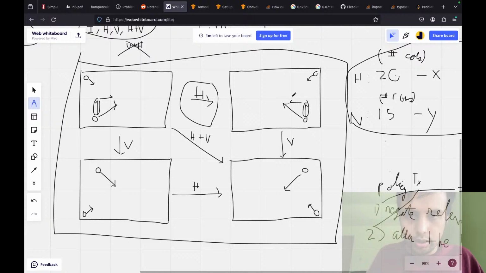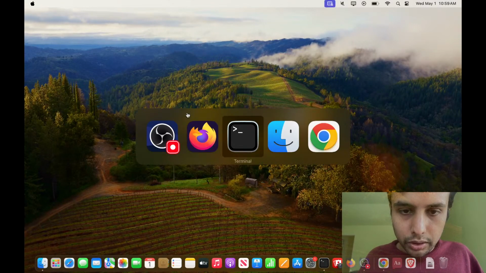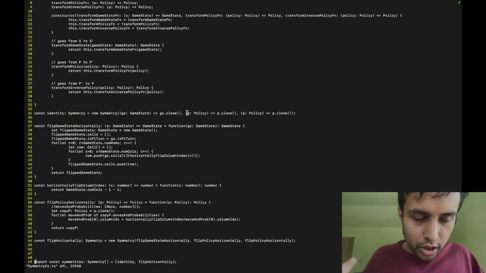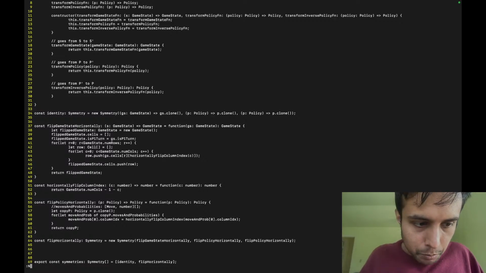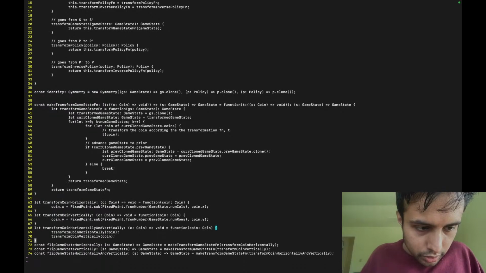Okay, so now horizontal, right? Let's build the scaffolding to do it, taking inspiration from what we did last time for game state. So let's begin. We have a make transformation function, right? Let's copy that and put it at the end.